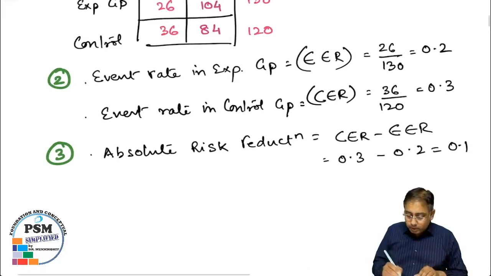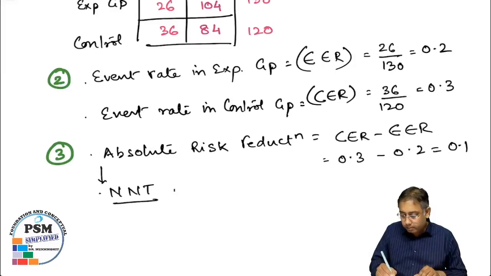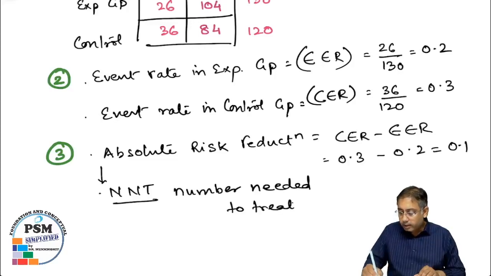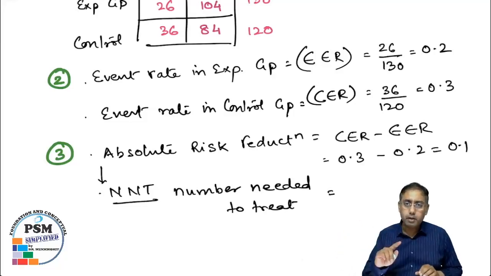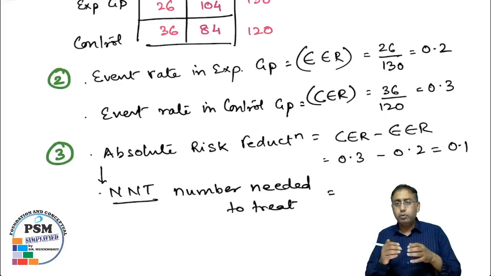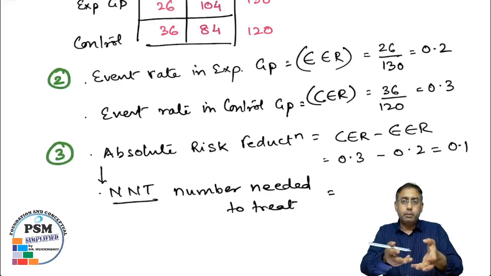So what is the number needed to treat? That is the number needed to treat or the number needed to harm; it is just the inverse of it. When we take the number needed to harm, that is how many people you would need to expose to induce death in somebody.